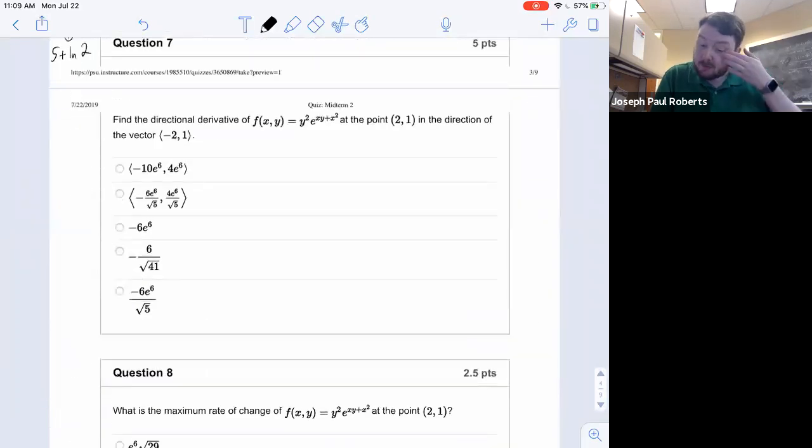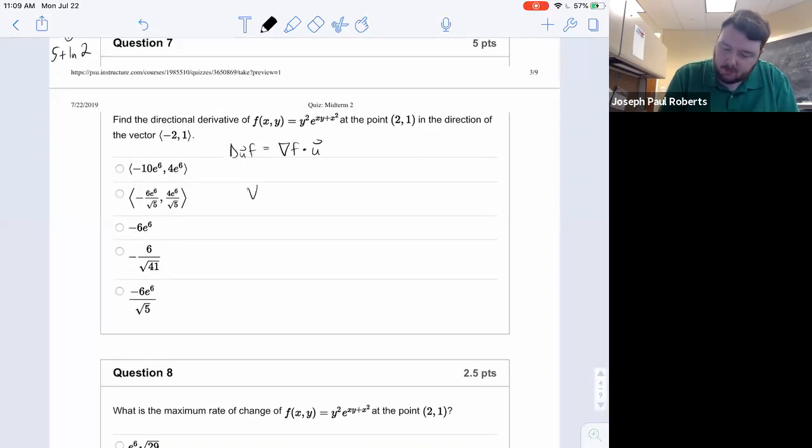Next one: find the directional derivative at some point in the direction of the vector 2, 1. So remember, for the directional derivative, you're taking the dot product of the gradient vector with a unit vector. The gradient looks like it is y squared e to the xy plus x squared times the x partial of the inside, which is y plus 2x.